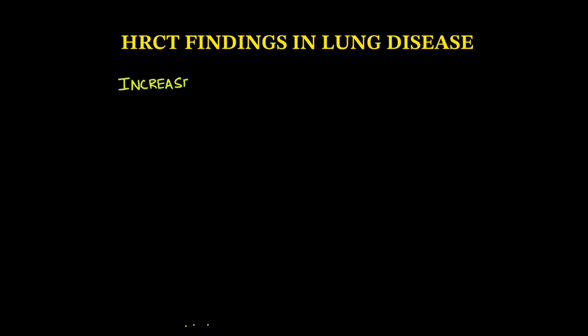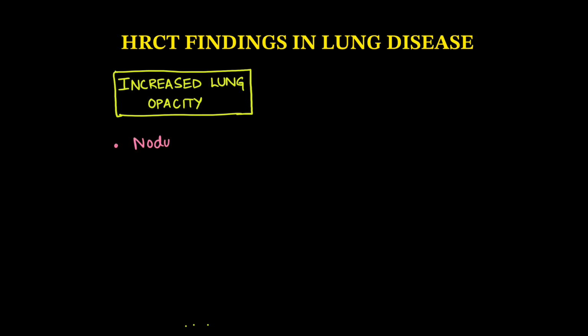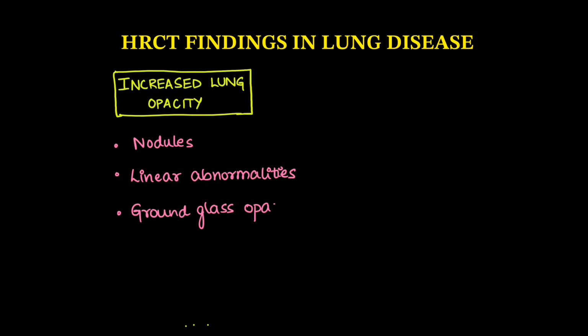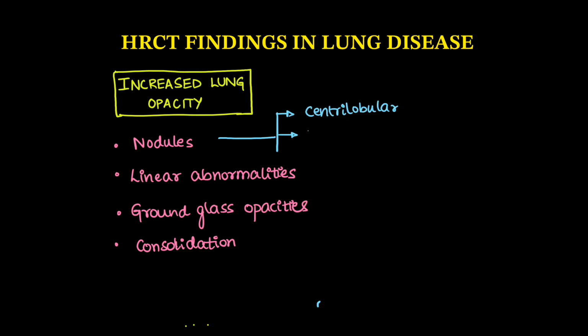Coming to the main part of the talk, that is HRCT findings in lung disease. So now we saw the secondary pulmonary lobule and its structures. Multiple diseases affecting these structures produce multiple opacities. There can be increased lung opacity such as nodules, linear abnormalities, ground glass opacities, and consolidation. In nodules there are three types: centrilobular nodules, perilymphatic nodules, we all saw these areas, and random distribution of nodules.